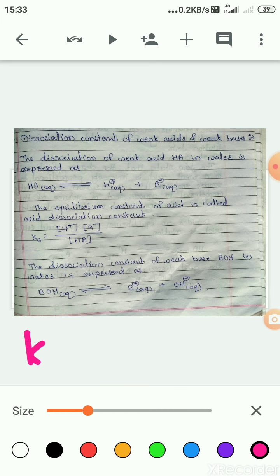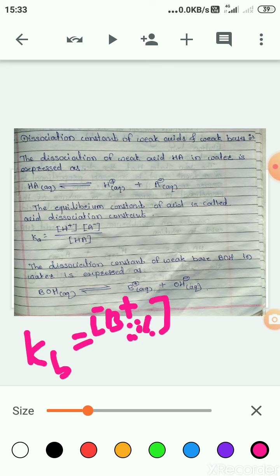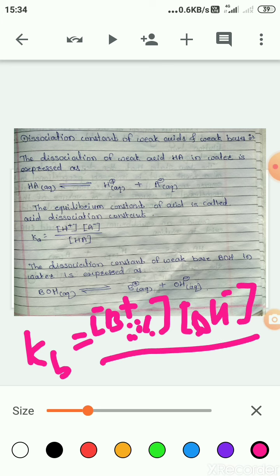We can write the formula for the base dissociation constant: Kb is equal to concentration of B plus (aq) times concentration of OH minus (aq) divided by concentration of BOH.